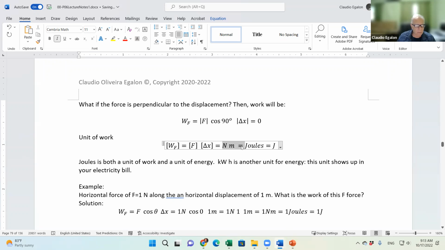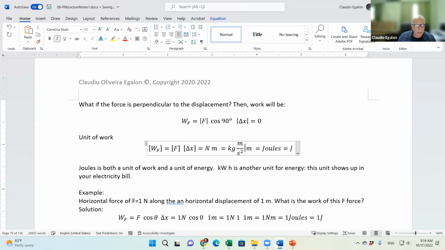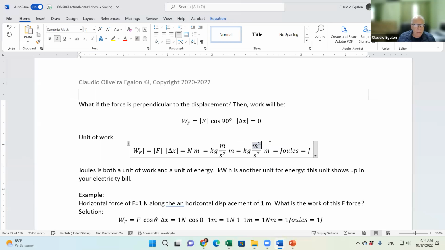Okay, so that's the unit of work. I can go even further and write this unit of joules in terms of the main SI units: kilogram meter per second square for force times meter. When we multiply meter by meter, it becomes kilogram meter square per second square.